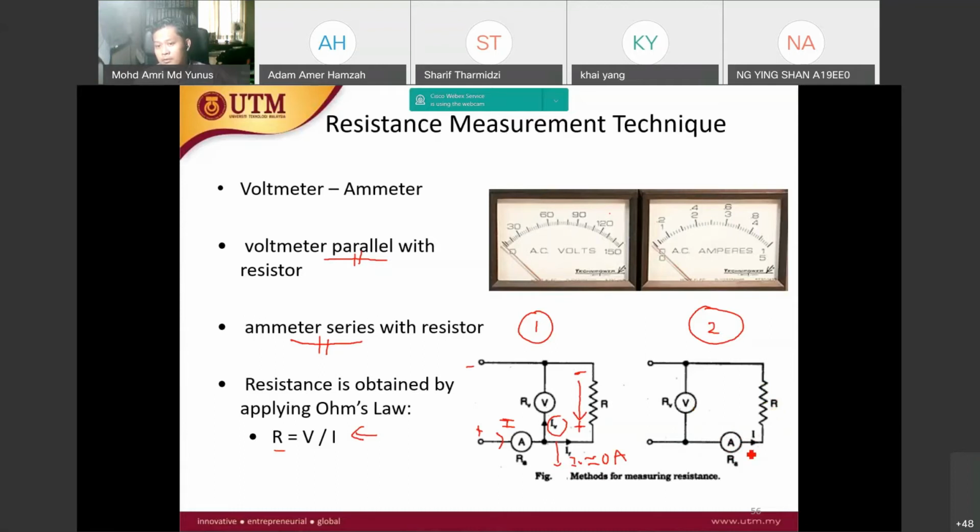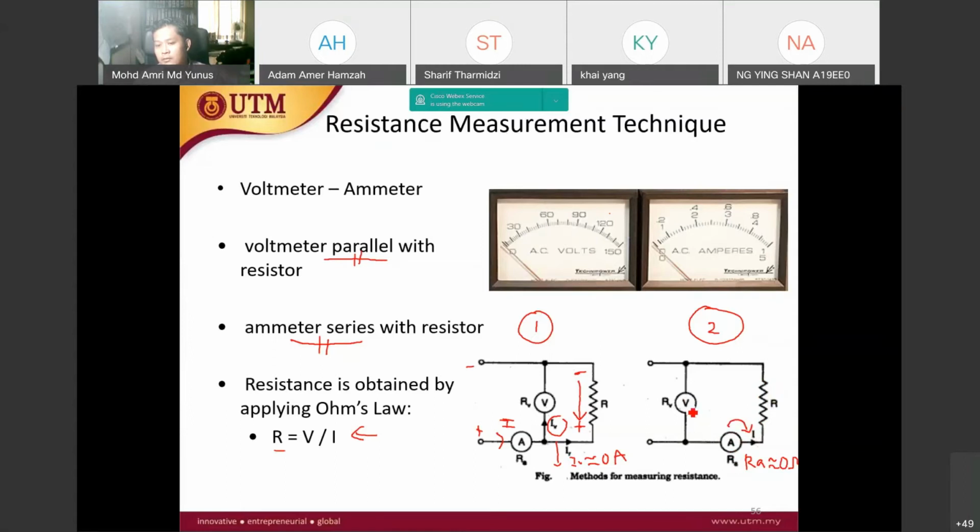In this case, we assume that RA, the internal resistance of the ammeter, is close to 0, a very low internal resistance, so that it will not affect the current that flows through the resistor whose resistance we want to measure.